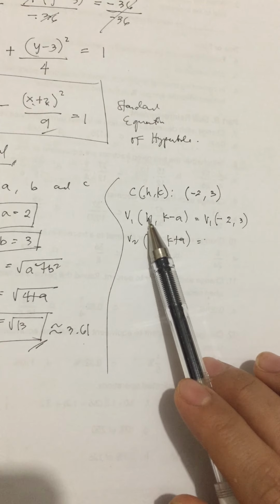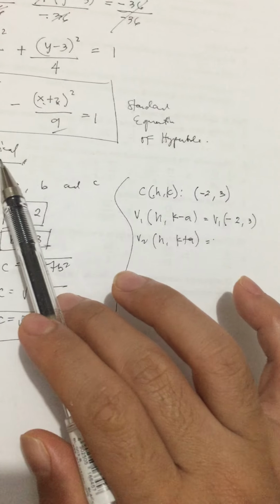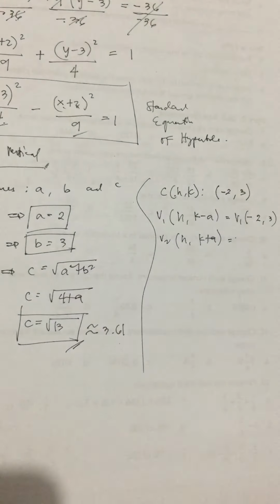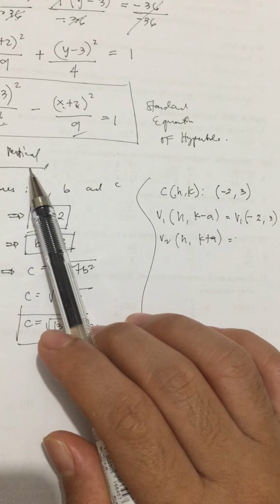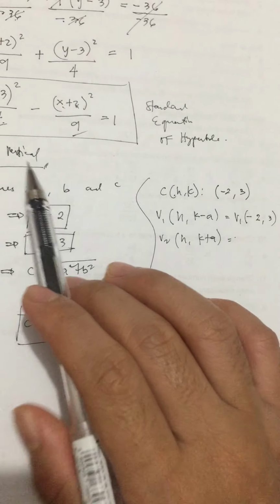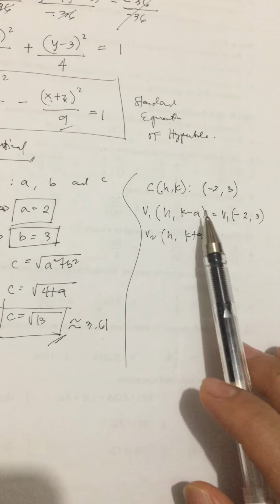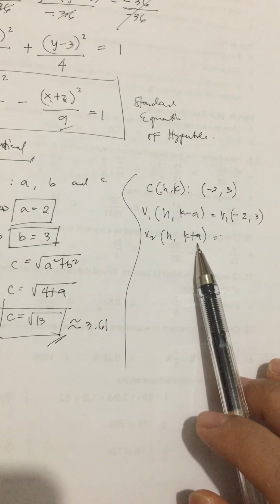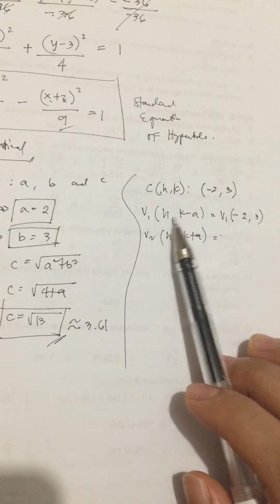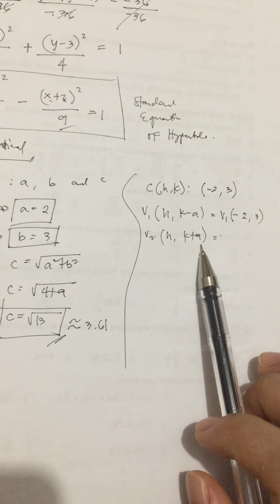After the center, find the vertices. Again, we are going to make use of the formula for the vertical hyperbola. So, for the vertical, patayo, ibig sabihin nasa y-axis yung ating ideal. That will simply mean we are just going to subtract and add on the y coordinate. That would be h, k minus a, and then h, k plus a.